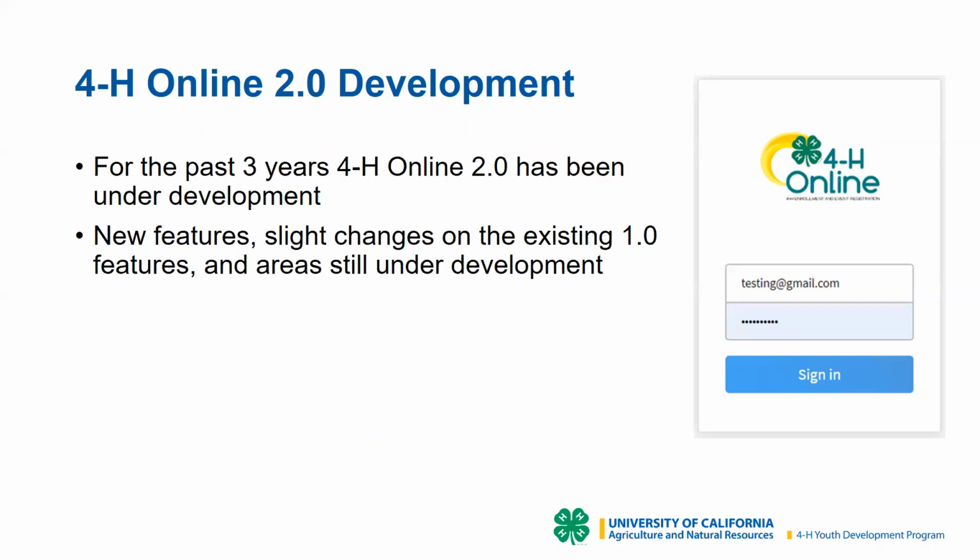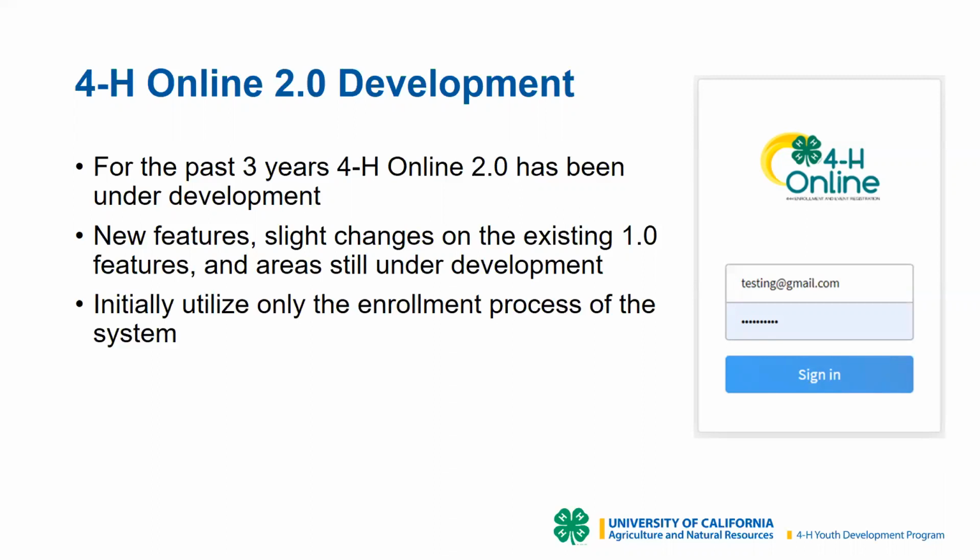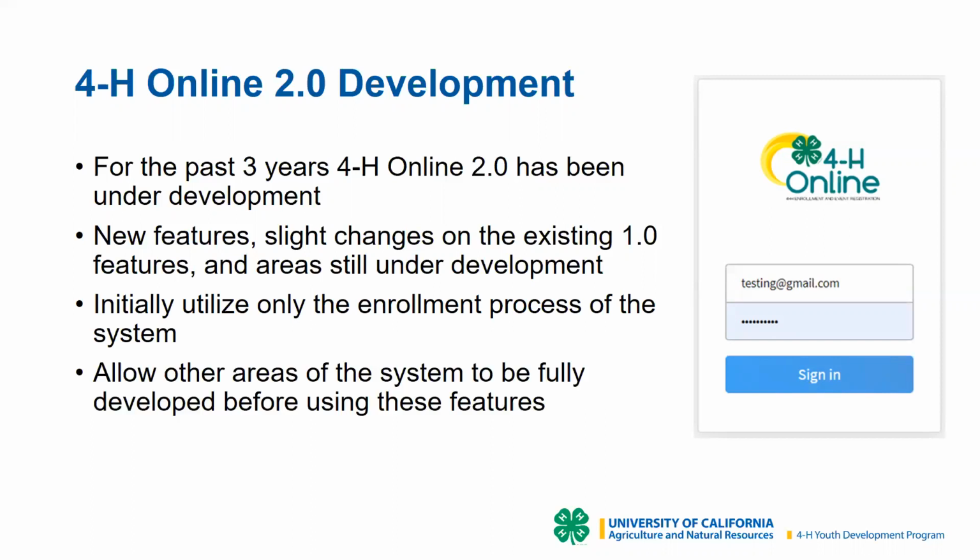UCANR 4-H is committed to providing our families with a smooth transition to 4-H Online 2.0. As such, we will initially be using only the enrollment process and allowing other areas of the system to be fully developed before using these features. At this time, we are not planning to use the event registration, online payment, and the training areas of the system.